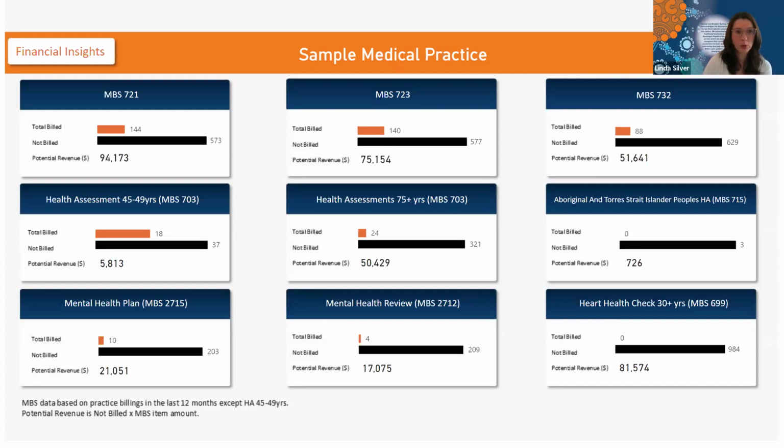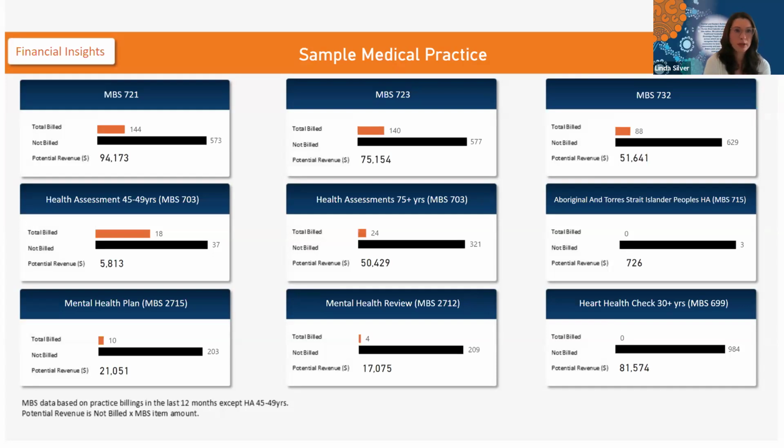It will be called chronic conditions management, and number 723 will be scratched, and number 721 and 732 will be valued evenly. This could be a question about whether the number of reviews would mean any financial implications for your practice going forward.